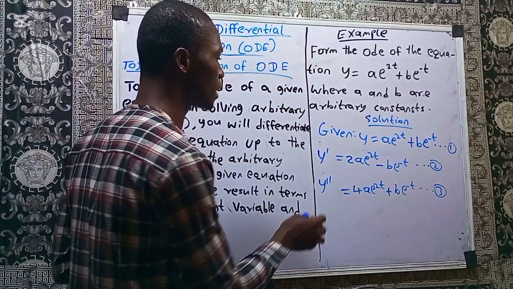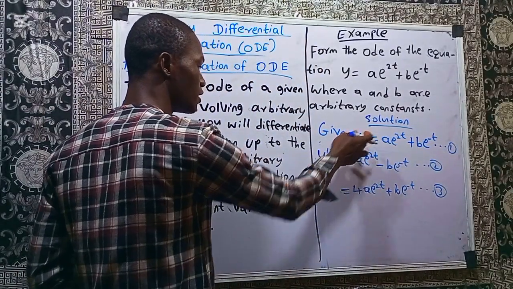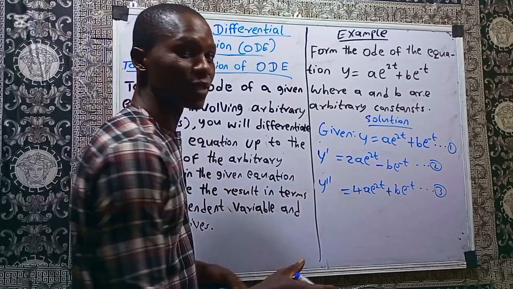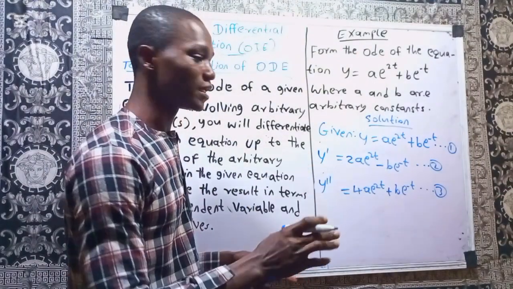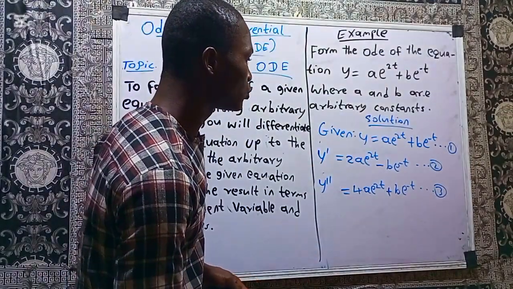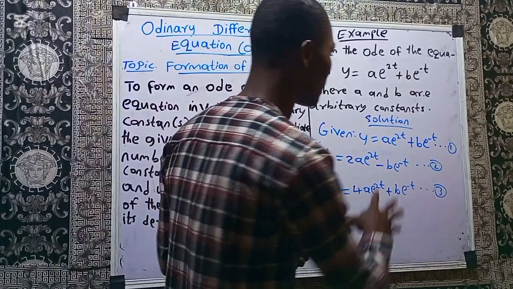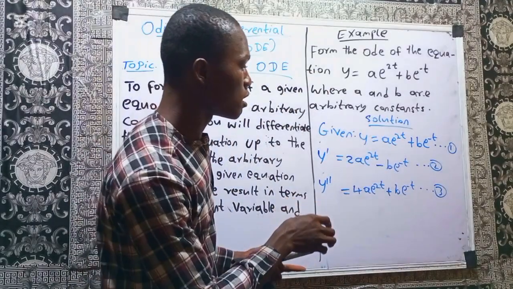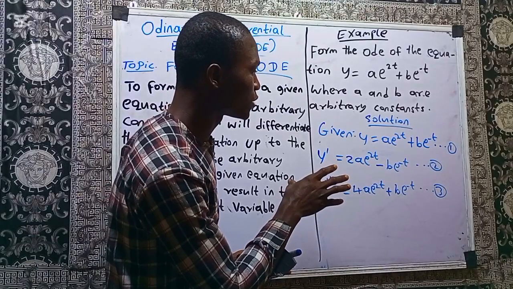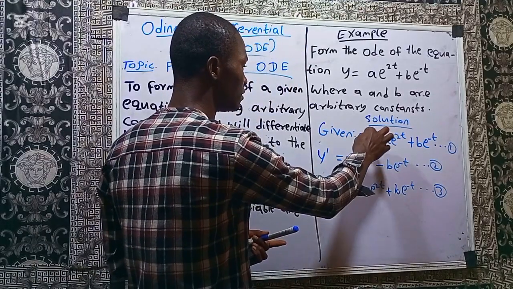So I'm going to write this equation in terms of y prime and y double prime. That's in terms of the dependent variable and its derivative. How will I be able to do that? I will try to know if I can relate these equations.